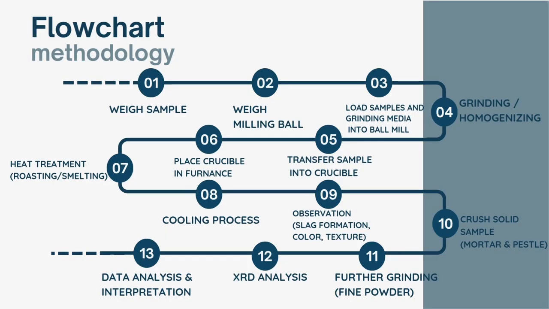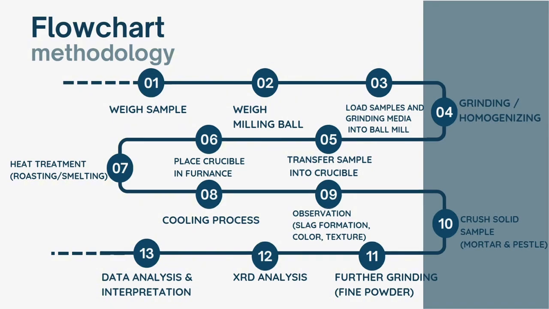This flowchart shows our experimental methodology. First, the sample is weighed along with the milling balls. Then they are loaded into the ball mill for grinding and homogenizing. After that, the sample is transferred into a crucible and placed in a furnace for heat treatment such as roasting or smelting.